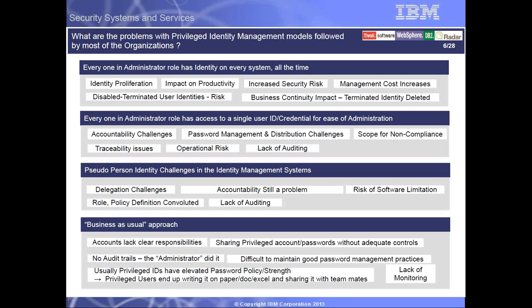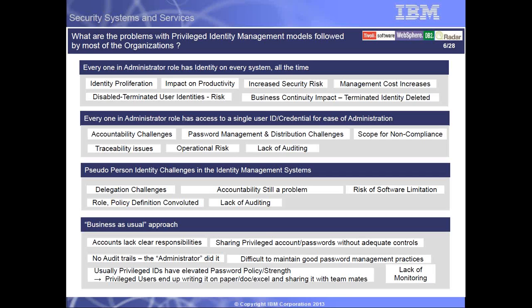Next, we go with the business as usual approach. That is the scenario where accounts lack clear responsibility. It's not structured. Privileged IDs or account passwords are shared without adequate controls. No audit trails. It says administrator did it, or it was done using root ID or some generic ID and not the specific user.